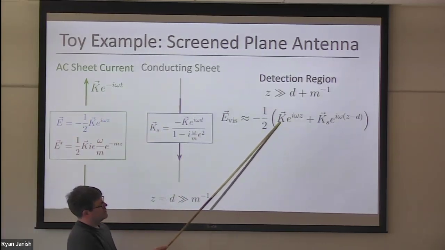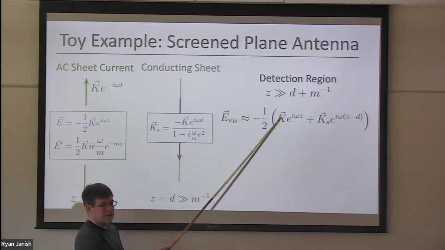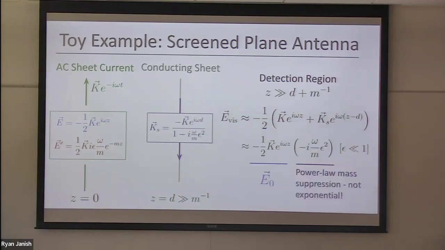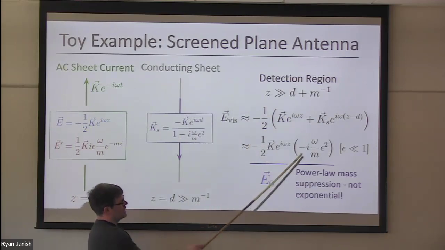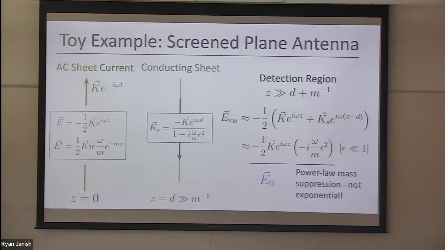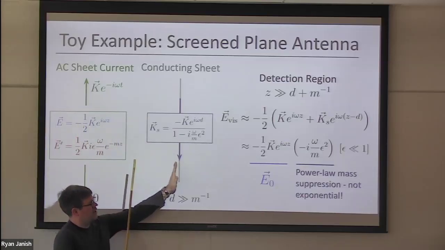If epsilon was zero, these things would be equal and opposite and cancel, but they no longer cancel in this scenario, and the amount that's left over scales like epsilon squared.